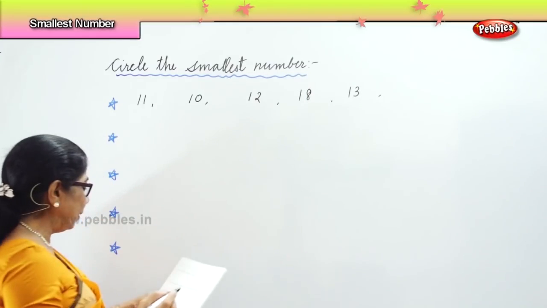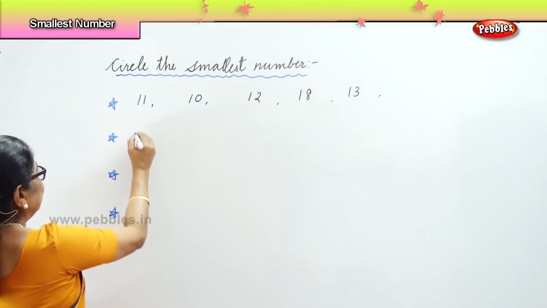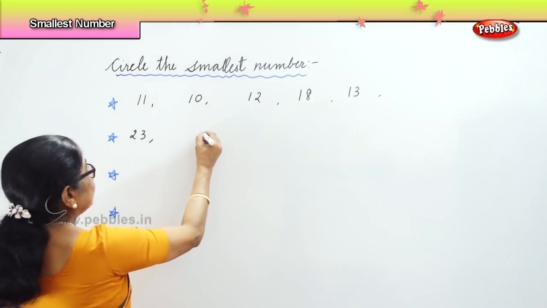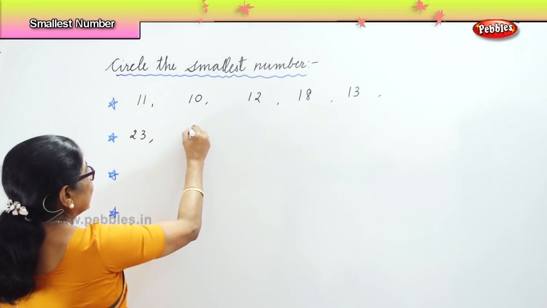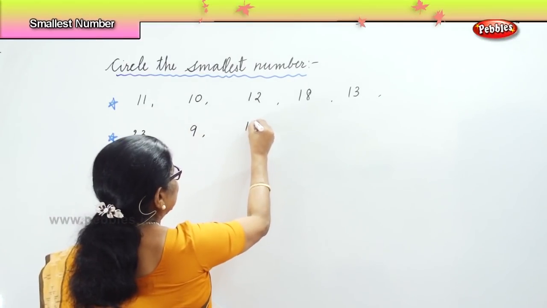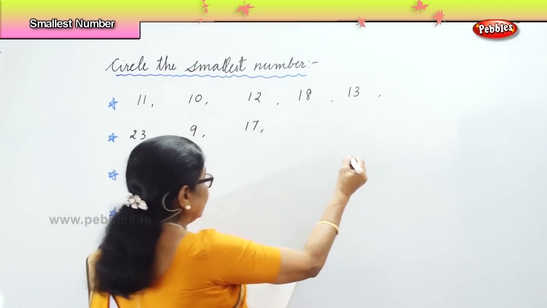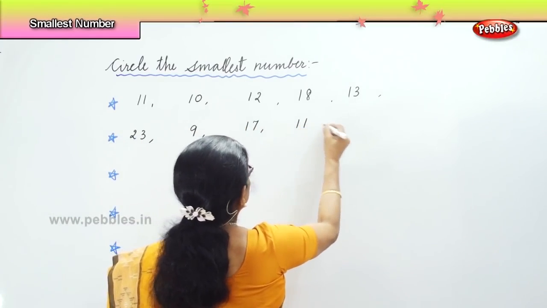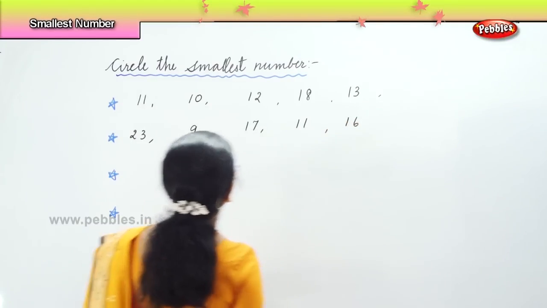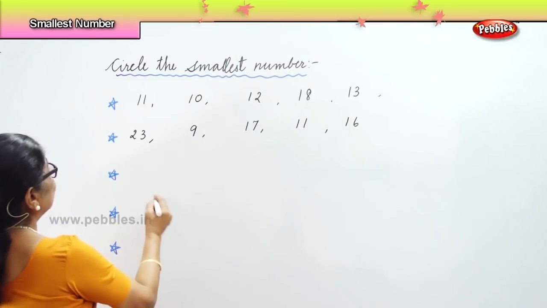Okay, another set of numbers I have here for you is 23, 9, 17, 11 and 16.